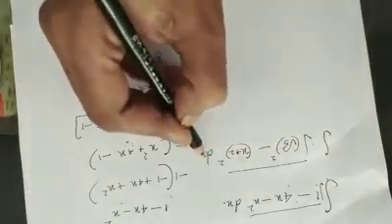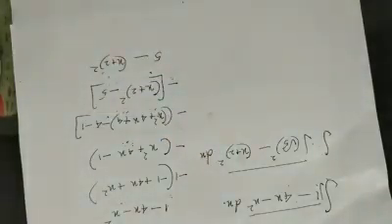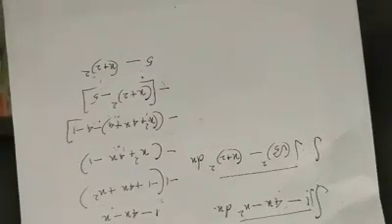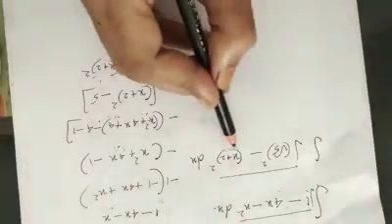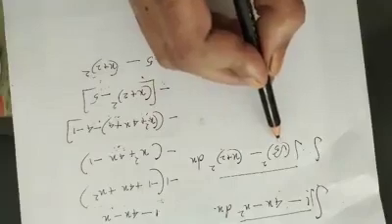What is the standard integral? Yes, the standard integral is root of a square minus x square. What is the integral of root of a square minus x square? It is x by 2 root of a square minus x square plus a square by 2 sine inverse x by a. Instead of x, here it is x plus 2, and a is root 5.